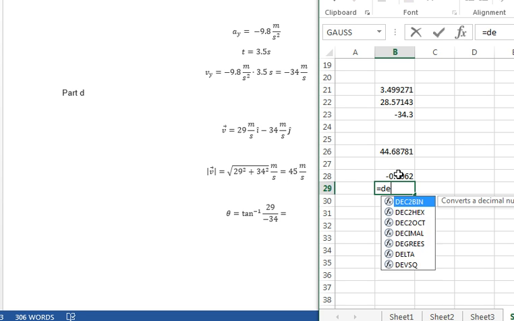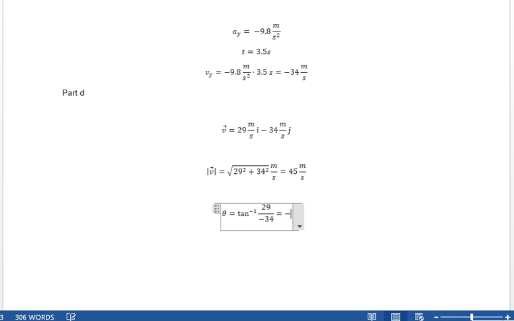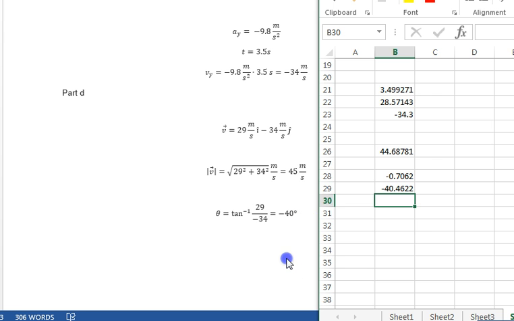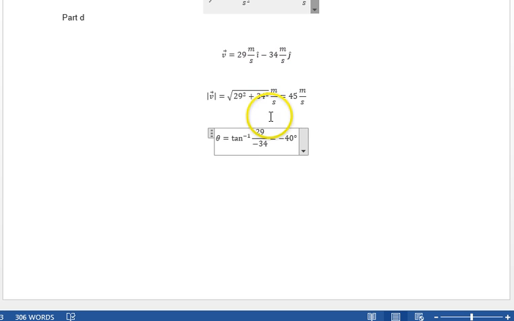Okay. Convert that to degrees, minus 40 degrees. Make sure I got the significant figures. Yep, minus 40 degrees. So that means the vector would look like this.